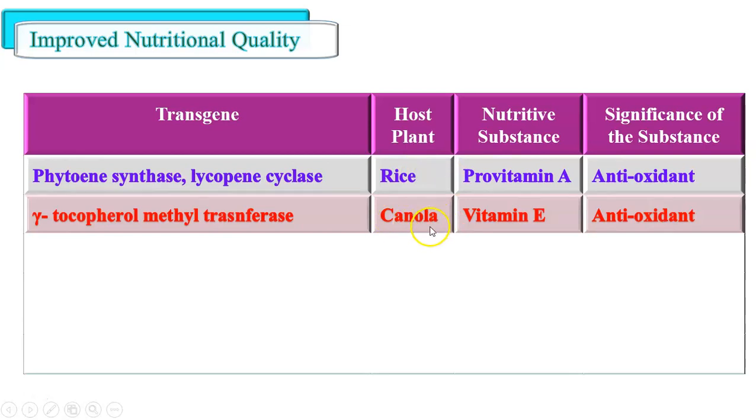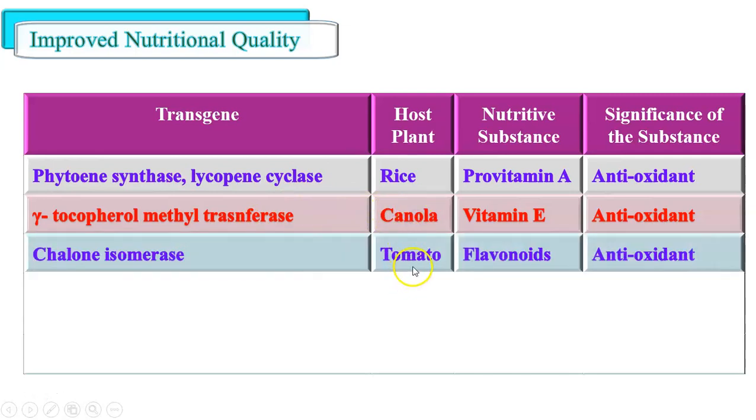Or canola variety, which is an oil producing plant. The oil quality gets improved especially in vitamin E because of introduction of this particular transgene in canola plant. We can take the example of tomato plant where flavonoid content gets increased and that happens due to this particular gene getting introduced in tomato.